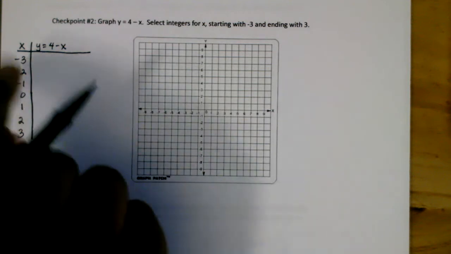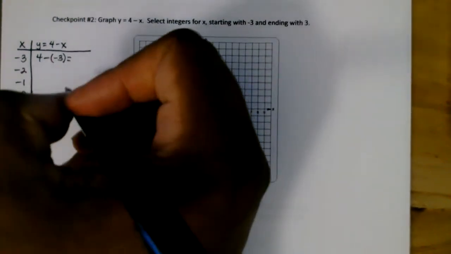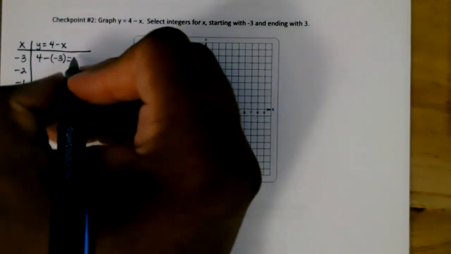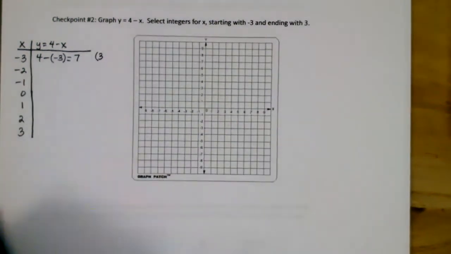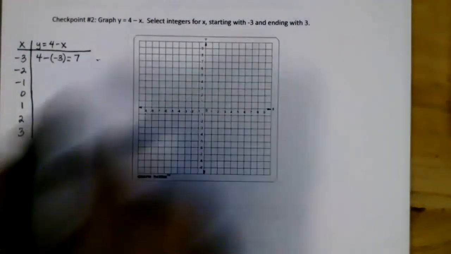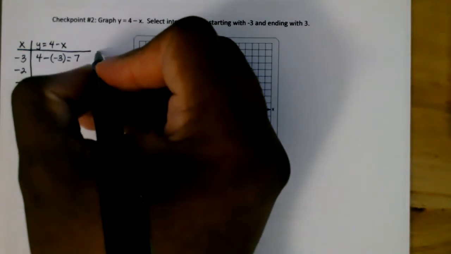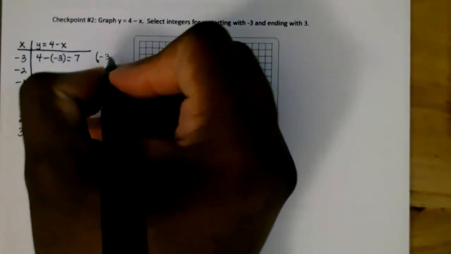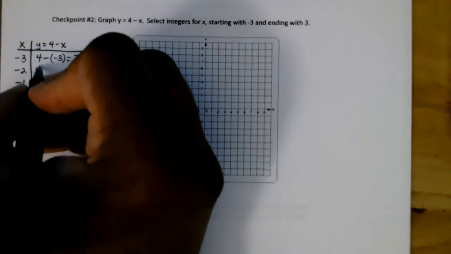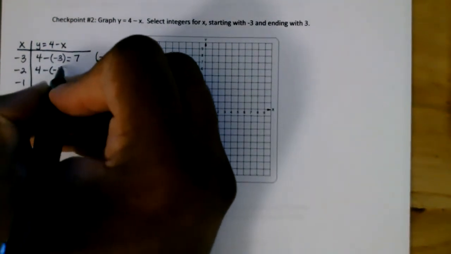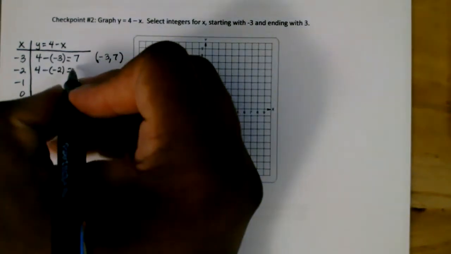So if x is -3, I'm going to have 4 minus a -3. 4 minus a -3 is the same as 4 plus 3, which is 7. So one ordered pair would be -3 and 7. And then for x equals -2, we'll have 4 minus a -2, which is the same as 4 plus 2.